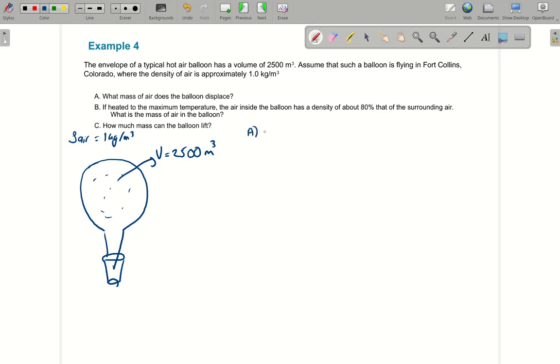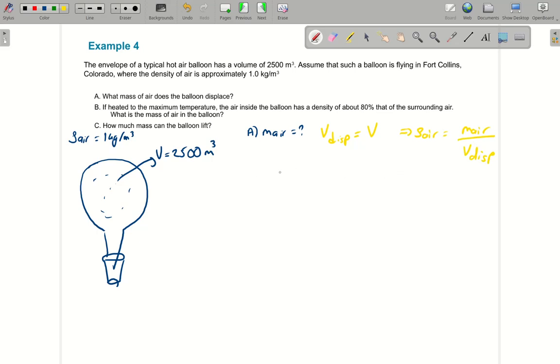A, what is the mass of the air it displaces? For that one, you'll use two ideas. You'll find a displaced volume, which will be equal to that volume, right? However much volume this air has, that's how much it will displace, pushing the other air around. And you will use the idea that density of the air is equal to mass of the air divided by that displaced volume to solve for mass.